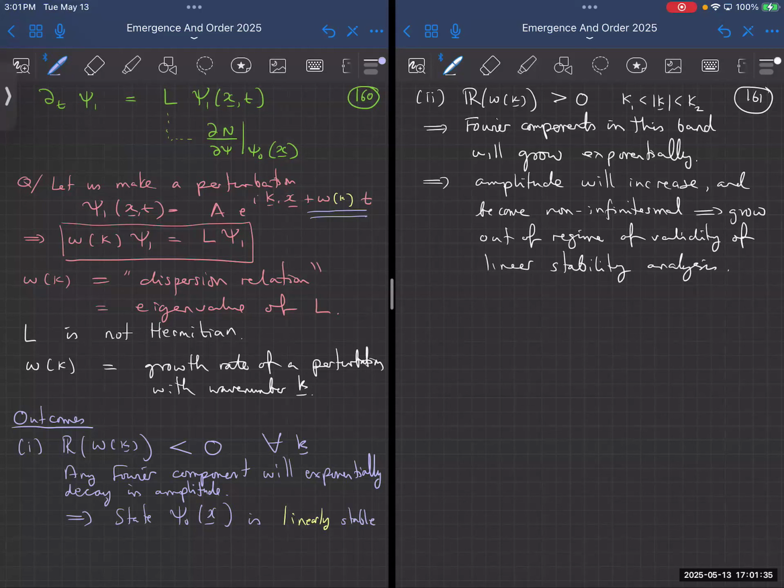Once it grows out of that regime, neglecting the order psi squared terms is not justified.